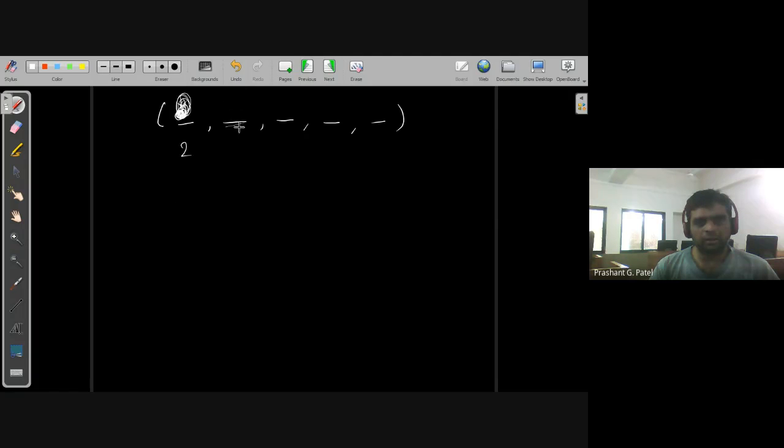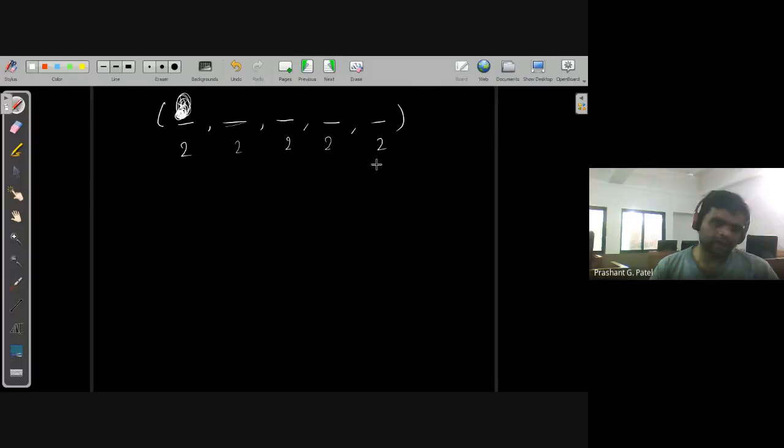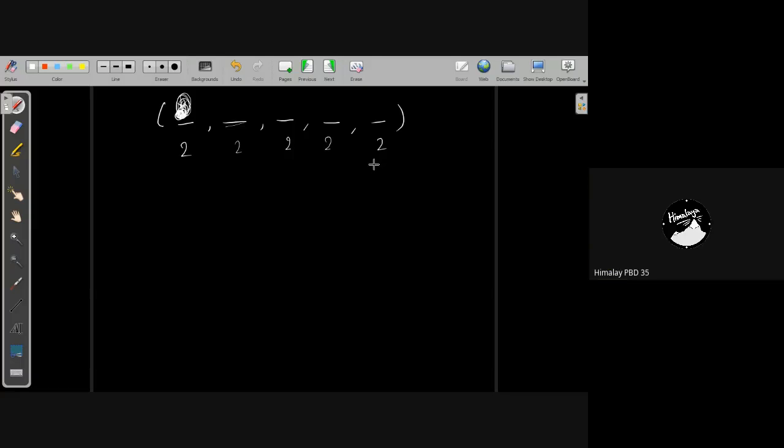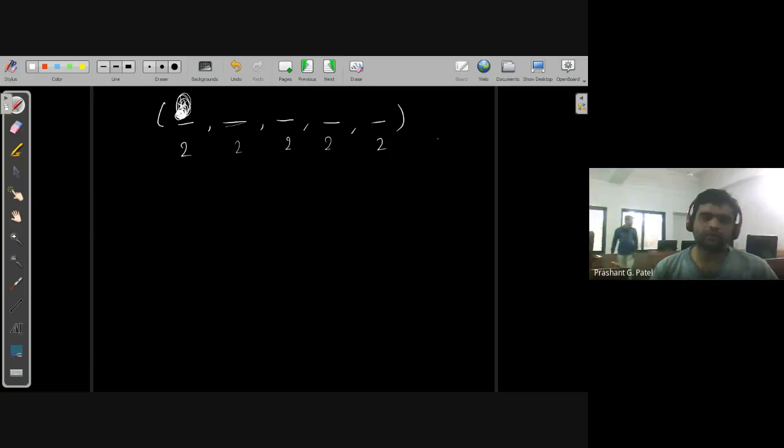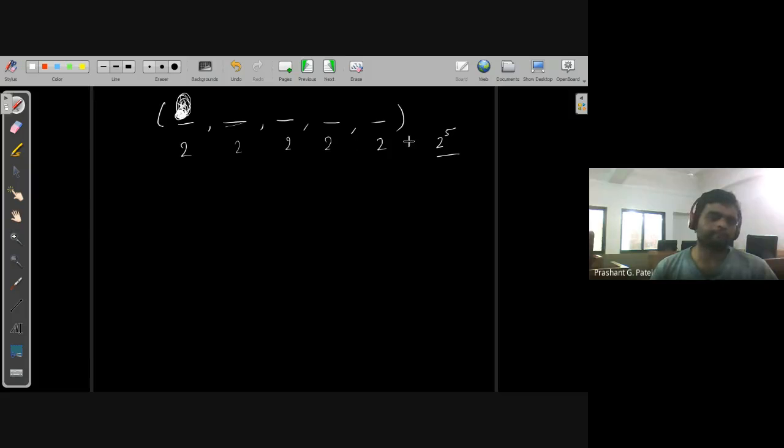Similarly, the possibilities for this entry is also 2, for this one also 2, and for this one also. The total possibilities are multiplied, so 2 raised to 5. 2 raised to 5 is equal to 32.